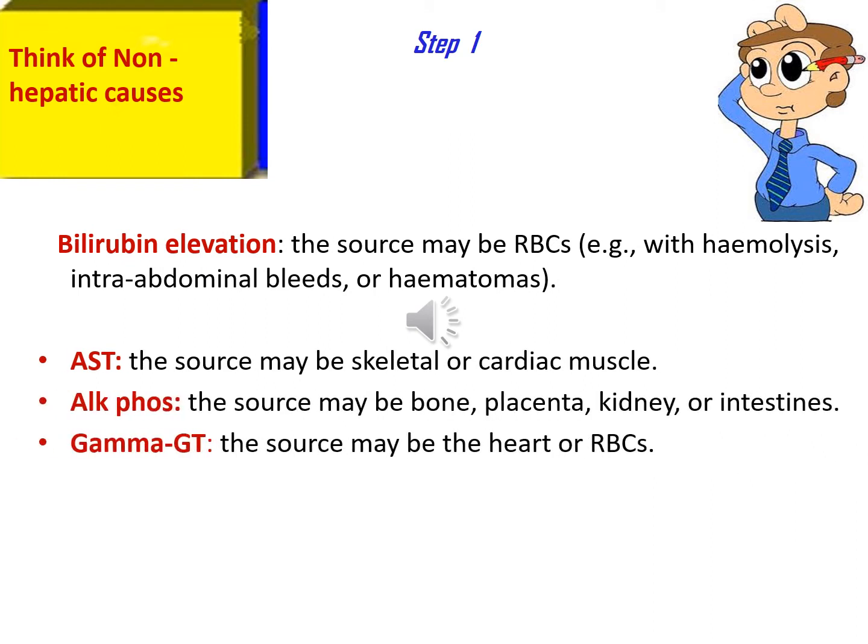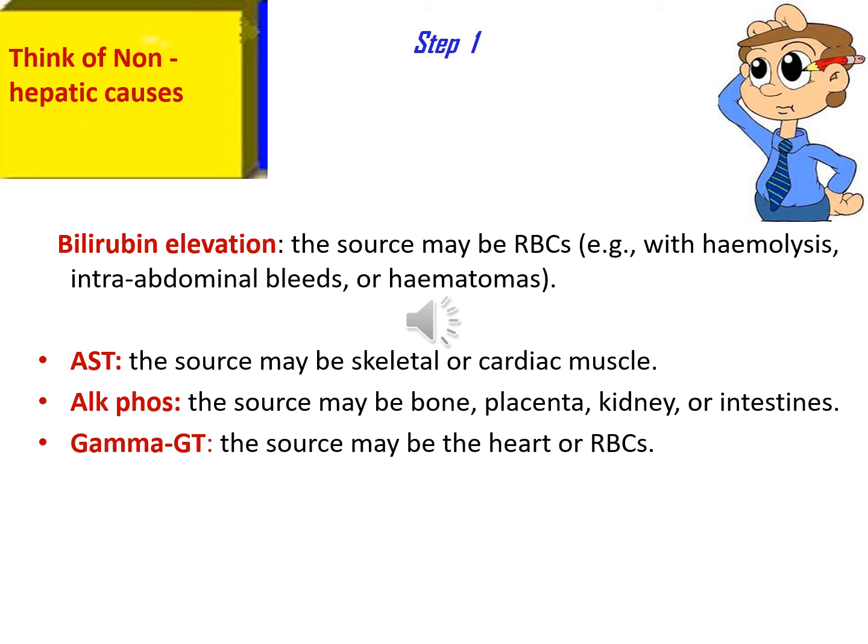First step, think of non-hepatic causes. As we mentioned before, there are extrahepatic sources of most of the liver enzymes. So before considering the patient is a hepatic patient, exclude carefully extrahepatic causes. For example, elevated bilirubin may result from red blood cell destruction, like hemolysis, or intra-abdominal bleeding or hematomas.